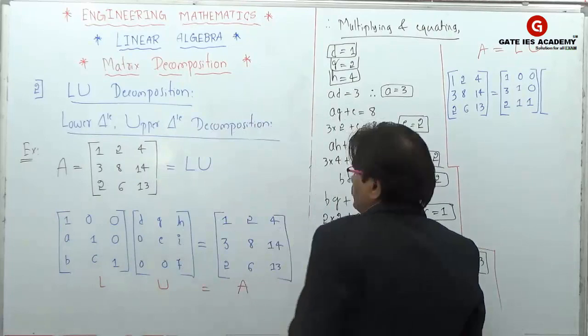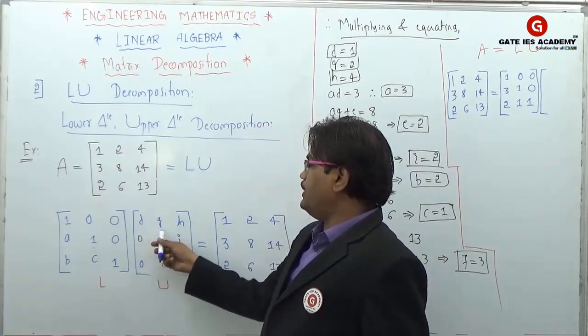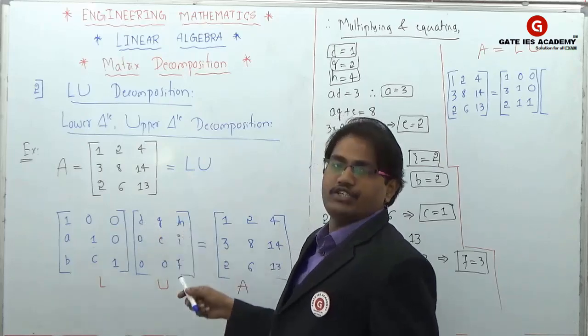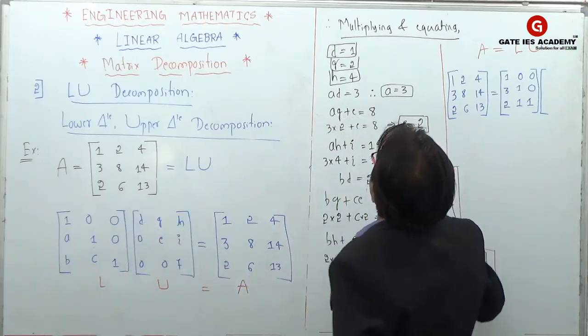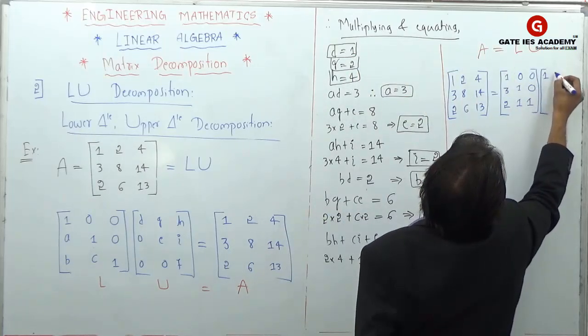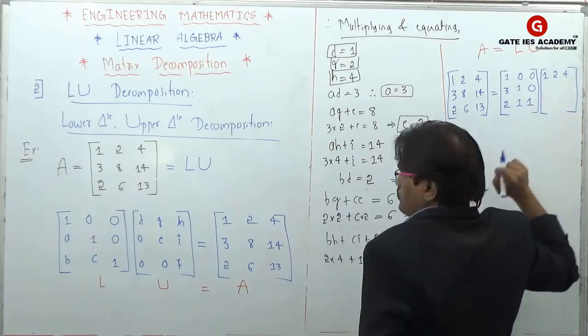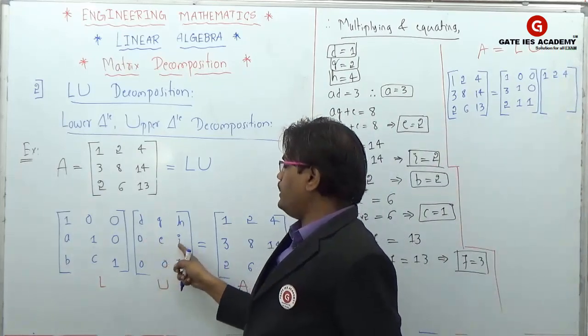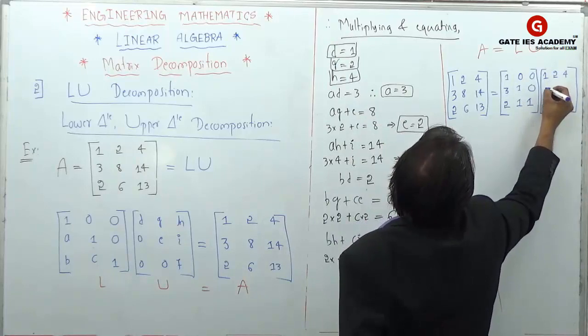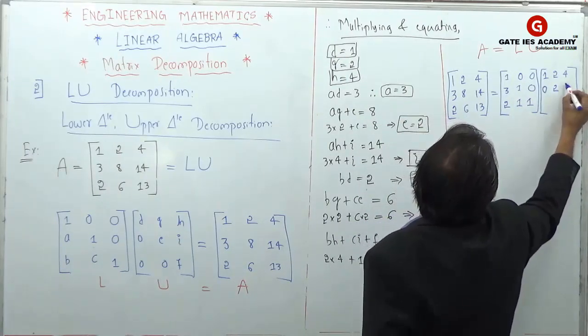Here the upper triangle is nothing but, write these elements first, D, G, H, right? DGH is 1, 2, 4. And 0, E, I. E is 2 and I is also 2.